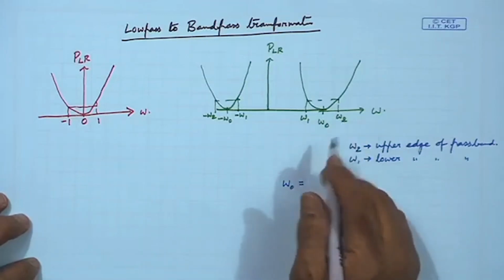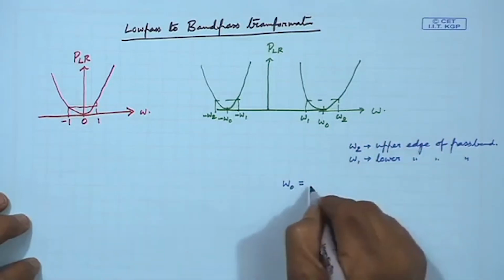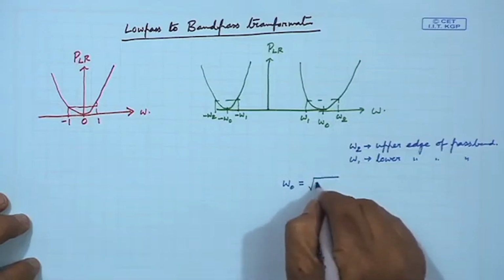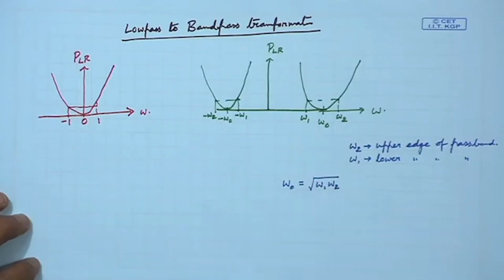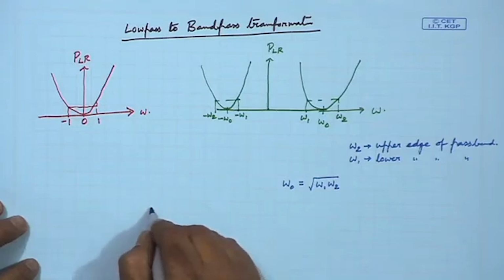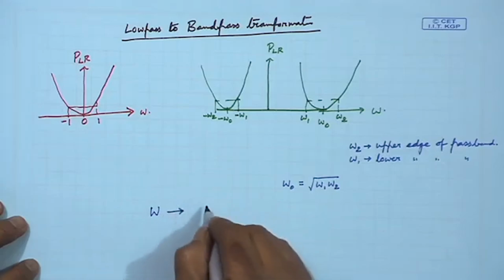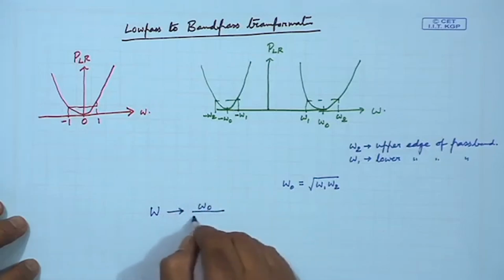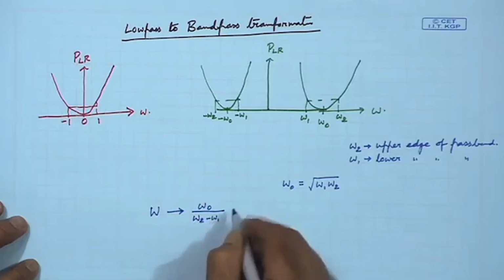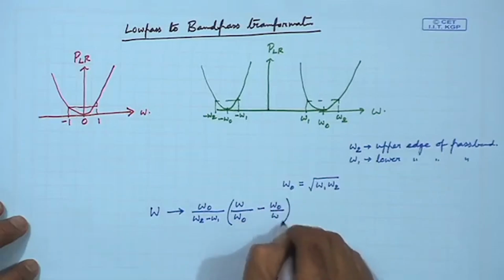Both possibilities are there, but the transformation equations become easier if we take the geometric mean. That is why generally we take omega naught as the square root of omega 1 omega 2. If we take that, the transformation is that omega of the prototype should be changed like this: omega naught by omega 2 minus omega 1 into omega by omega naught minus omega naught by omega.